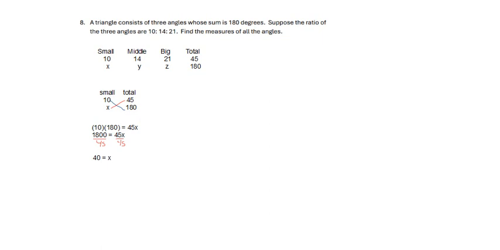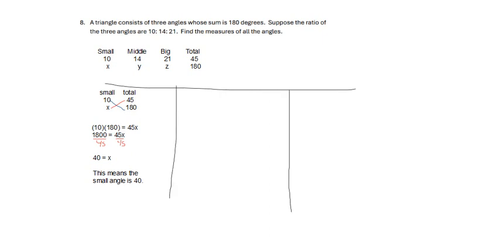And what this means is, this means the small angle is 40 degrees. All right. So now we're going to repeat the same for middle and repeat the same for large or big. So let me kind of divide it up like so. All right, let's do middle.